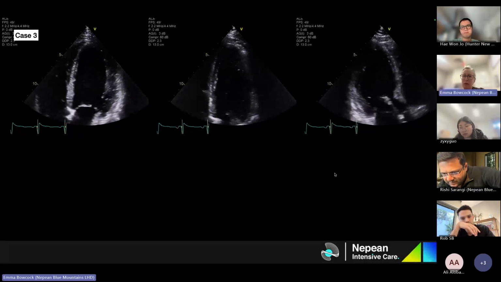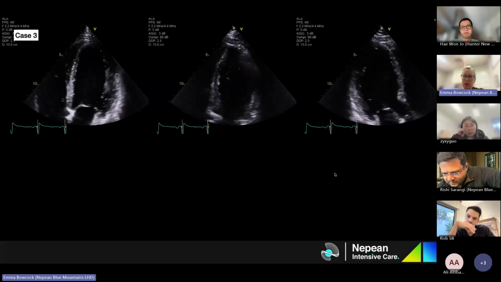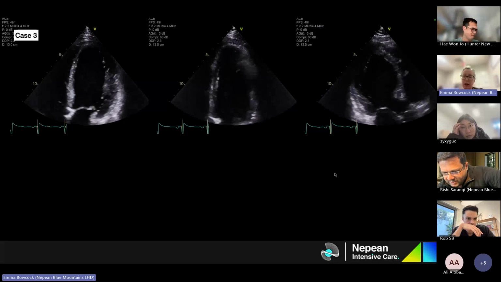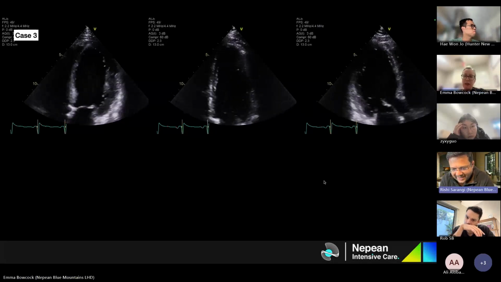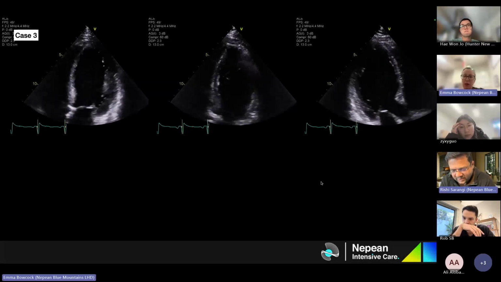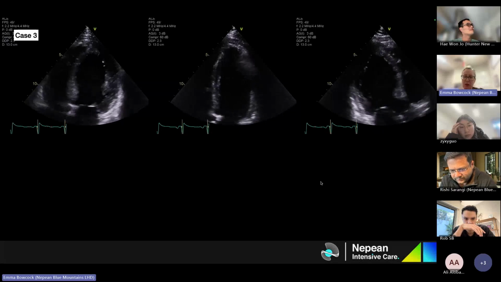Okay. Taking out any walls, do you think the apex is normal or hypokinetic or hyperkinetic? So apex seems to be hyperkinetic compared to the rest of the base and the mid. What do you think of the mid ventricle across all walls?